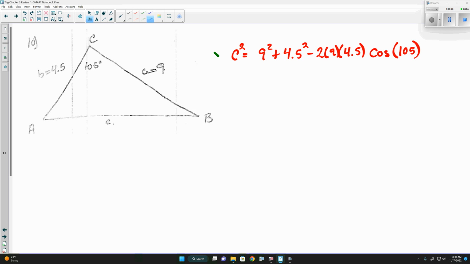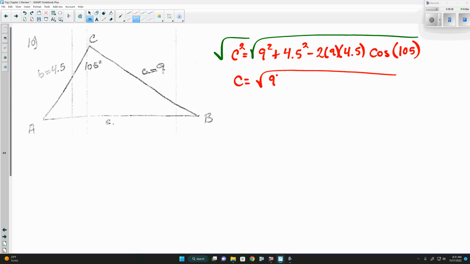Yes? But what are we going to have to do eventually? We're going to have to square root both sides, yes? So really we're just saying that C is equal to the square root of 9 squared plus 4.5 squared minus 2 times 9 times 4.5 cosine of 105.